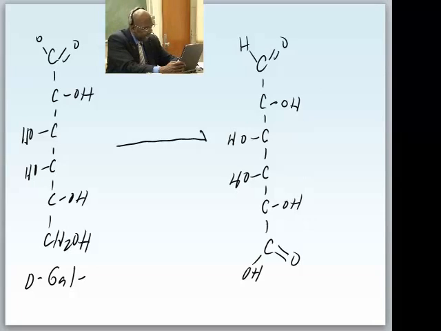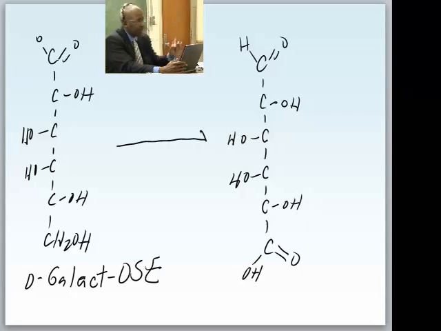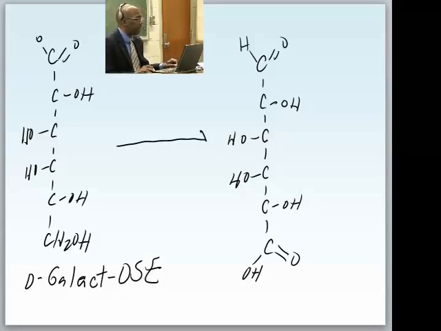And so this is D-galactose. We started out with D-galactose.